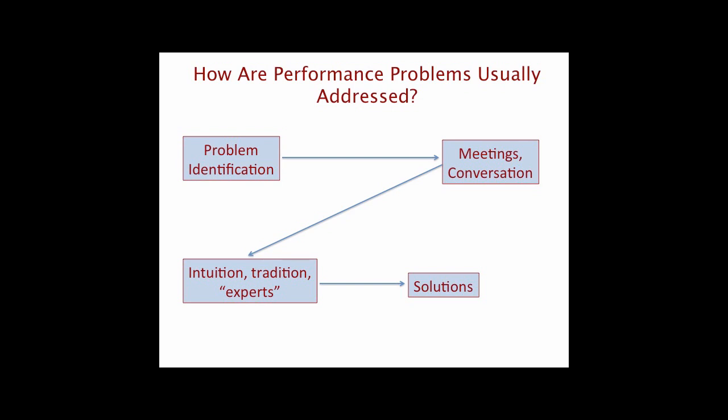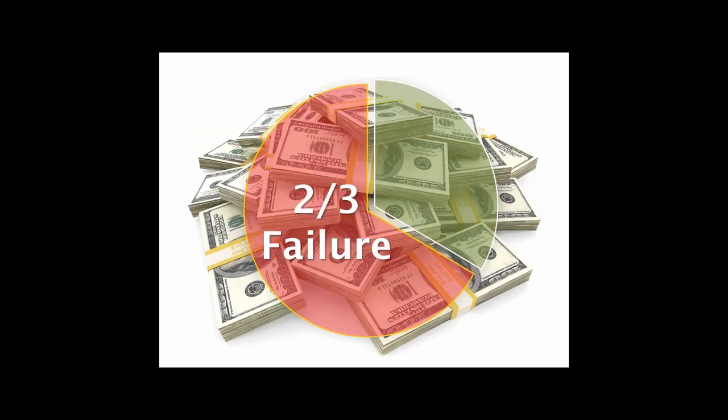In effect, what we really do is we identify a problem and then we have meetings and conversations about them and use our intuition. Or what have we done in the past? We've always done it this way. Or even bring in an expert for advice on how to solve a problem, and then we go ahead and implement the solution. Well, the unfortunate thing is that 2/3 of the time the solution fails.